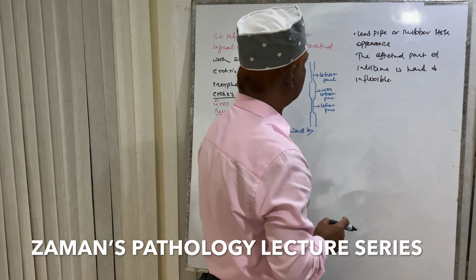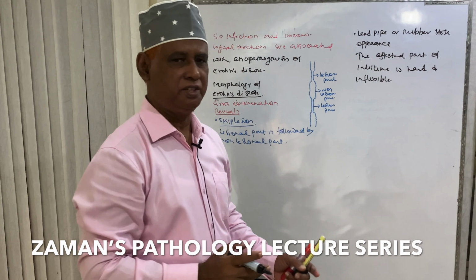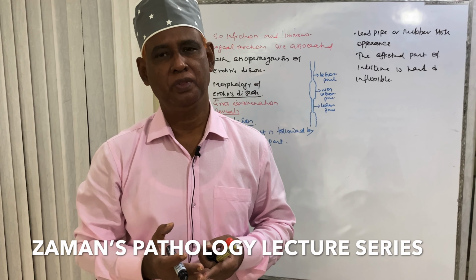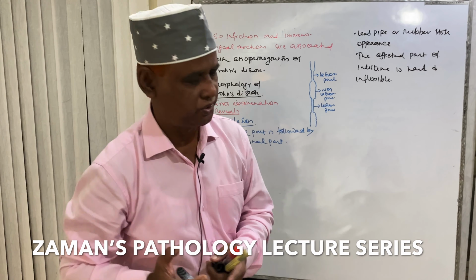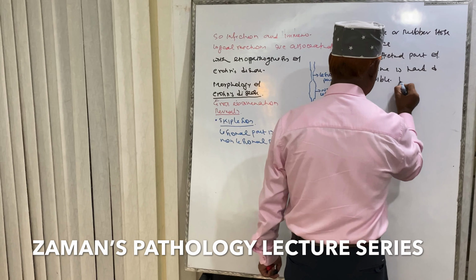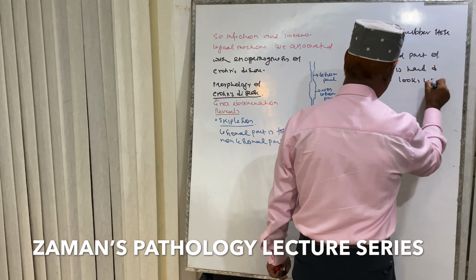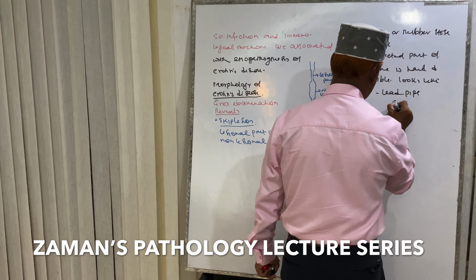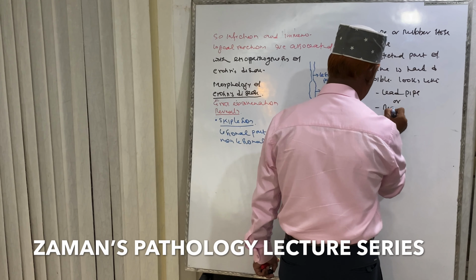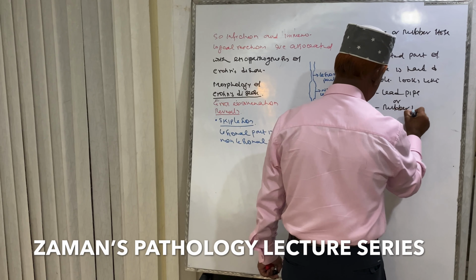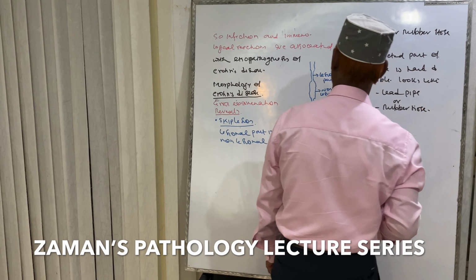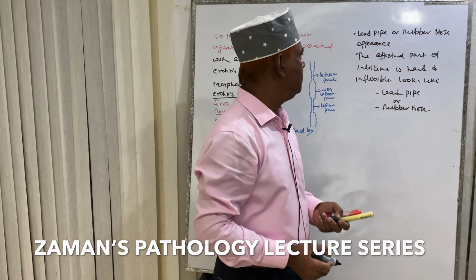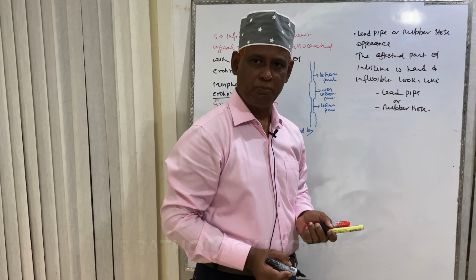As it is hard and inflexible, it looks like lead pipe or rubber hose. So one is skip lesion and another is lead pipe or rubber hose appearance.